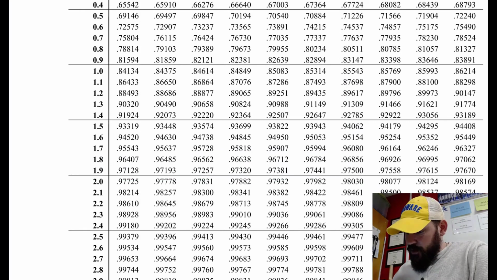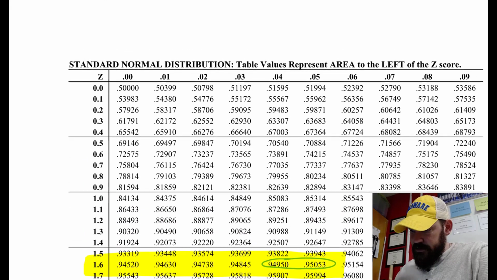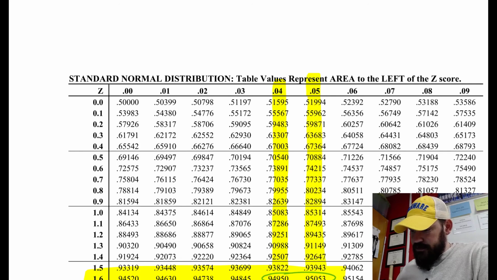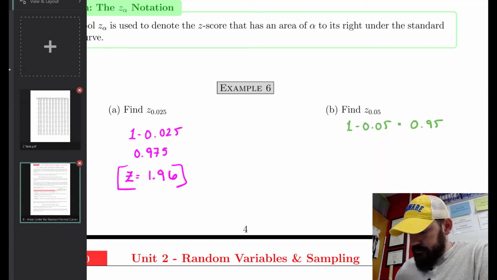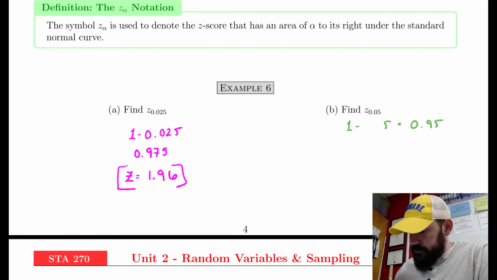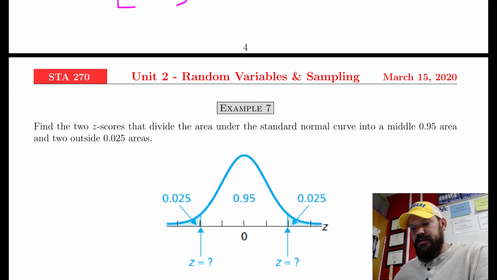It is going to be somewhere between 1.64 and 1.65, so we'll say 1.645. There we go. z equals 1.645. So this is simply a matter of learning how to use this table. That's all this set of notes really corresponds to.